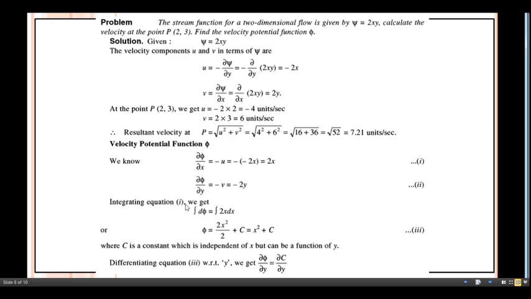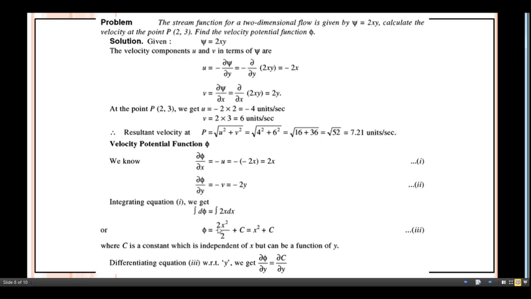So integrating equation number 1. Equation number 1, so what do we get here? ∂φ/∂x equals 2x. So this ∂x comes towards the right side. So what about this one? Integration of dφ equals integration of 2x dx. What do we get here?